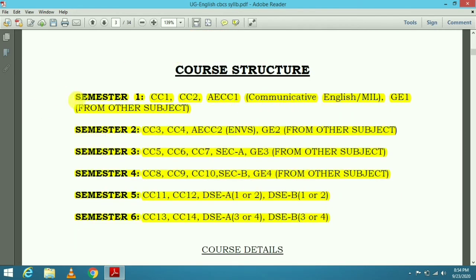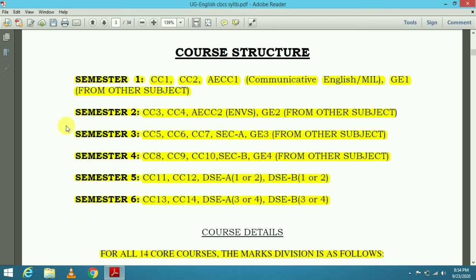As you can see here in the course structure, we have AECC 1 and here we have AECC 2, that means ENVS. So I am going to discuss the syllabus. Please watch the video carefully.